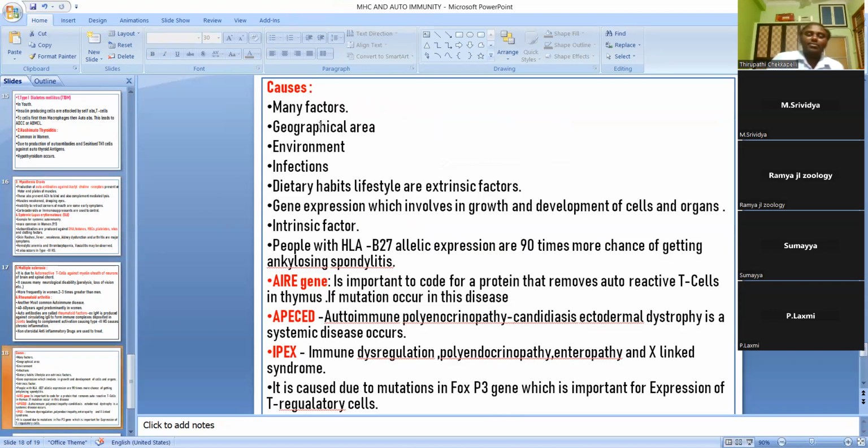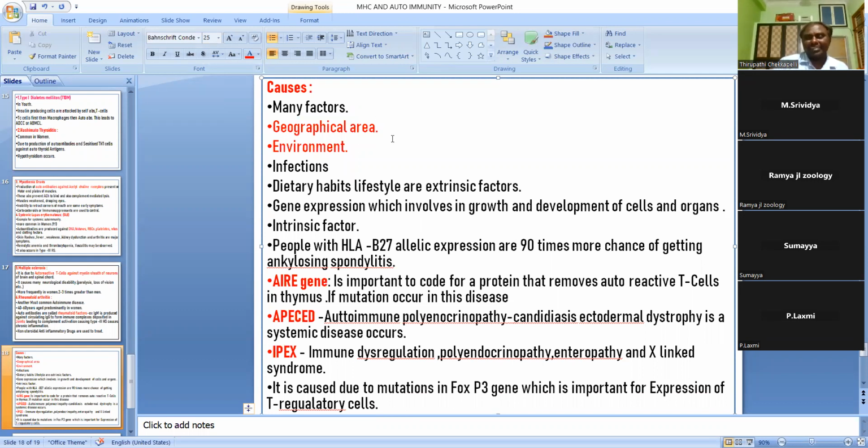So what are the various causes for autoimmune diseases? There are many factors. Geographical area. So here, what does it mean? It means pollution.